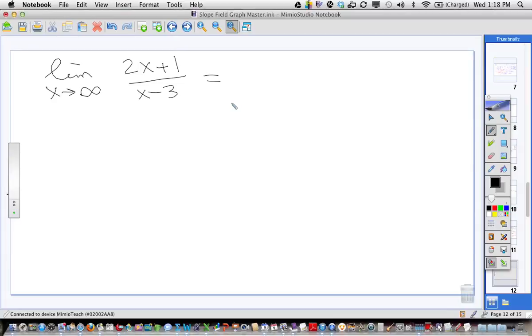Now, for those of you that are not sure where this is coming from, let's just put in a billion. So what do you get on top? 2 billion and 1. Now think about that a minute.